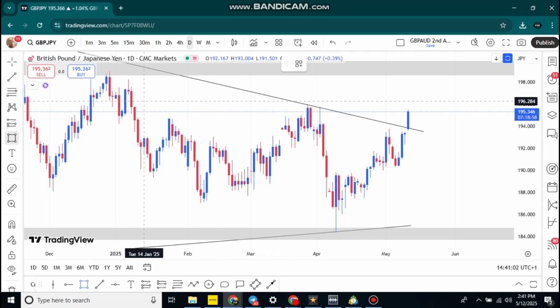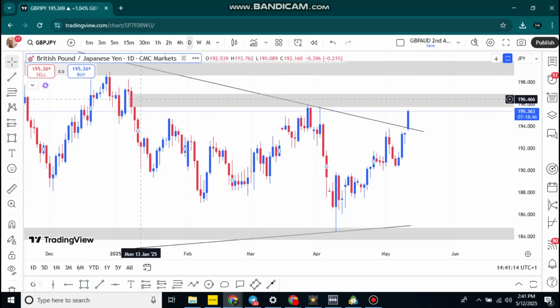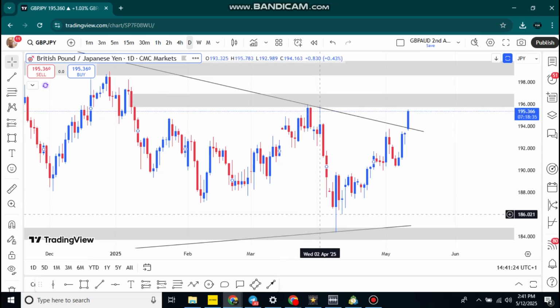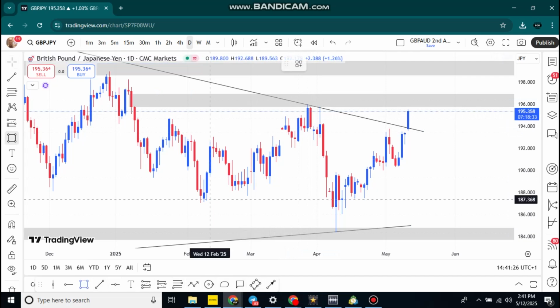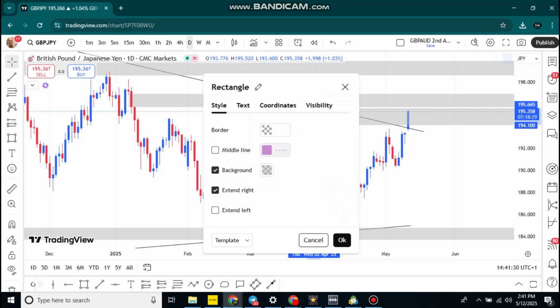And we have another interesting zone which we have just entered into right now. You can see that when price came here, it formed a fair value gap from this area all the way to this particular area. And we know when price tested this fair value gap around here, price formed an order block from here all the way to this area.